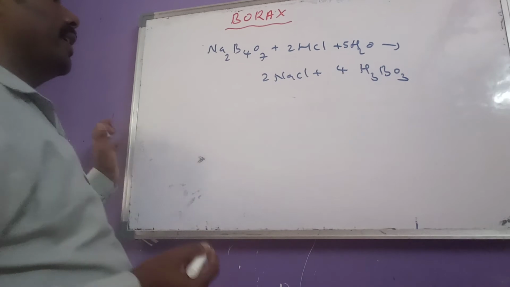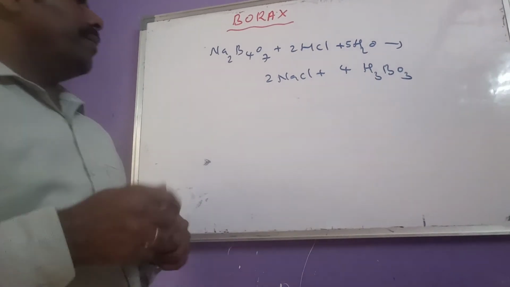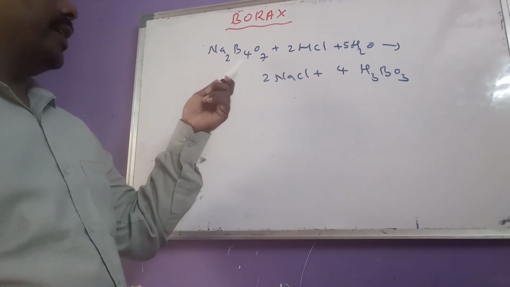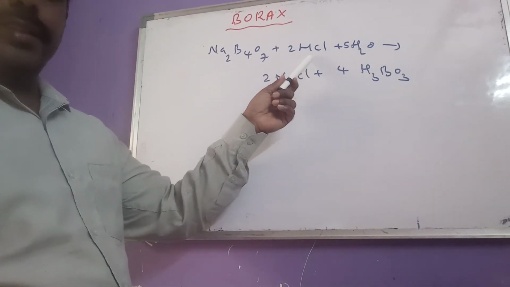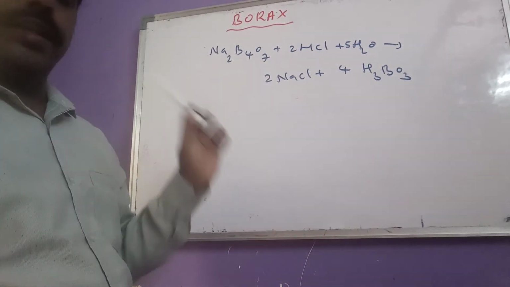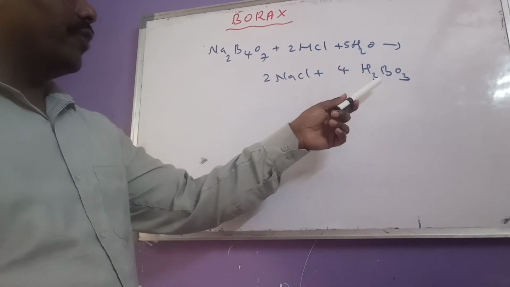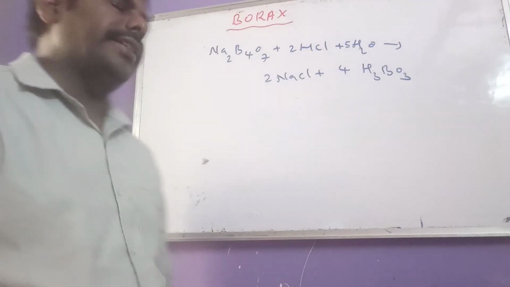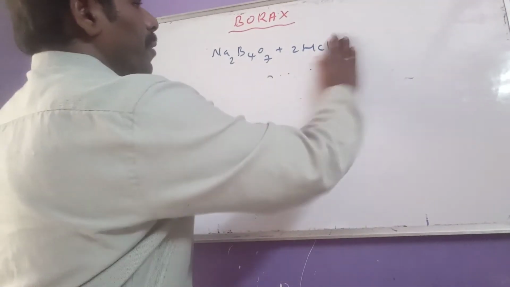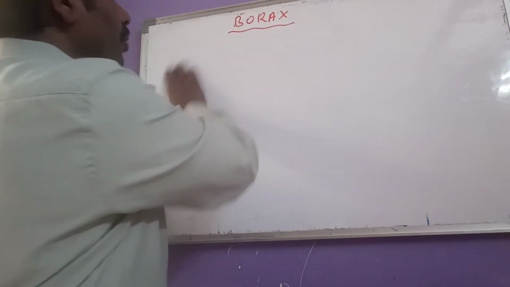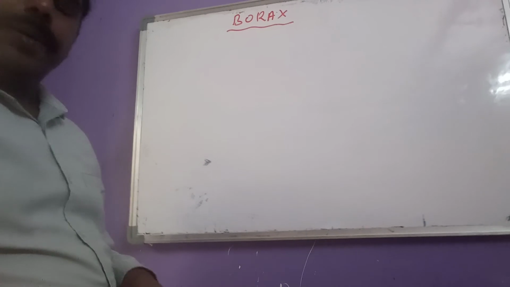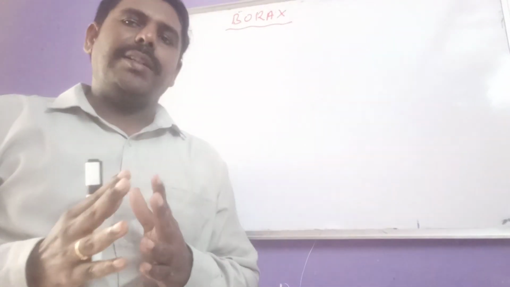So when this borax is treated with HCl in aqueous solution, it gives boric acid. So these are the properties of borax. Now, an important topic is the borax bead test.